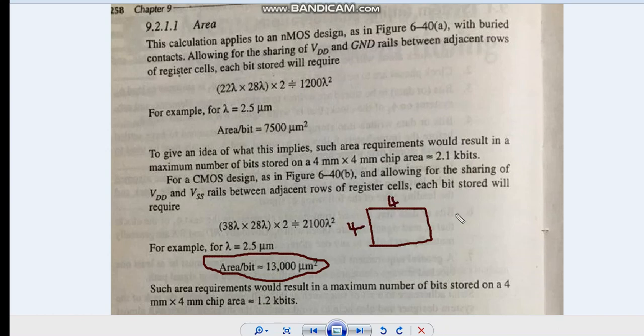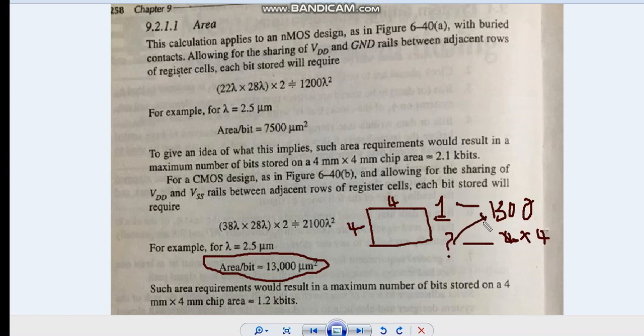So for this 4x4 area, how many bits can it store? Very simple. For 1 bit, how much is it taking? 1300, right? 1300 it is taking for 1 bit. For this much area, that is 4x4, how many bits will it take?